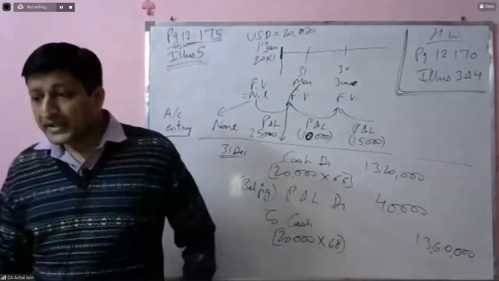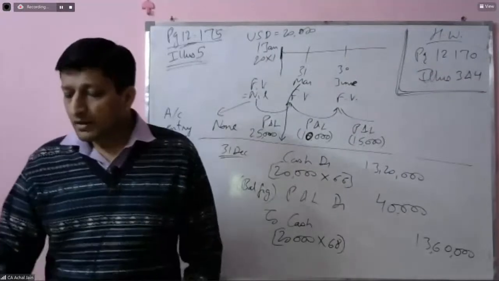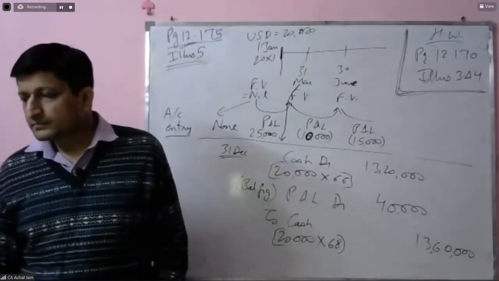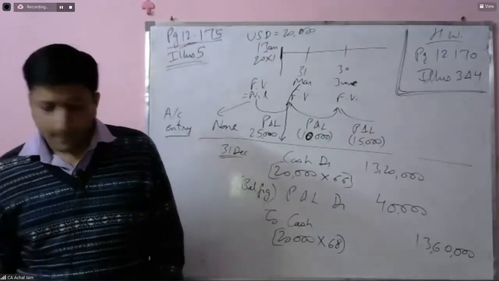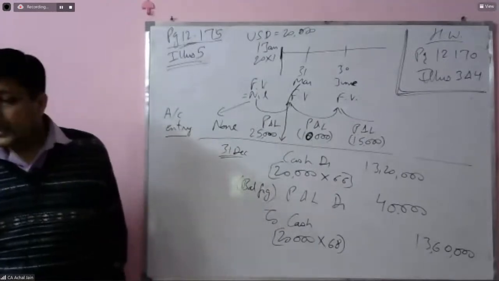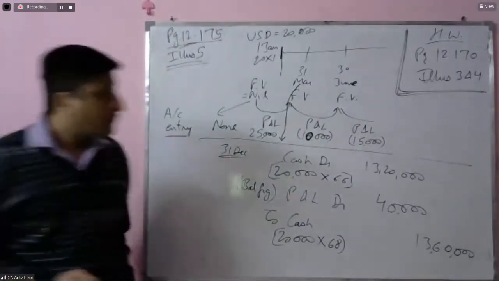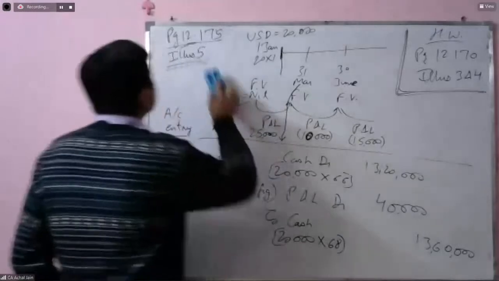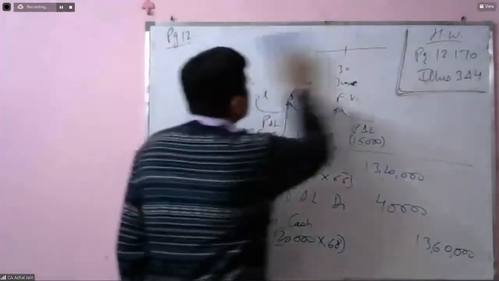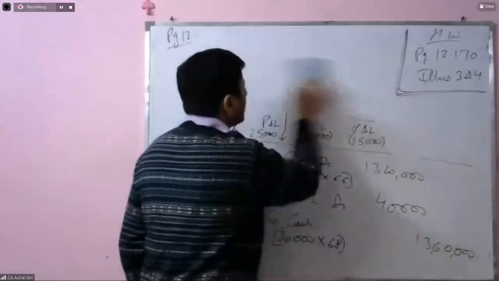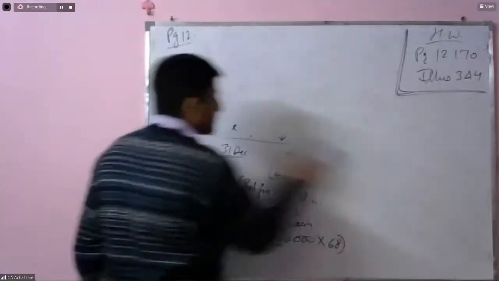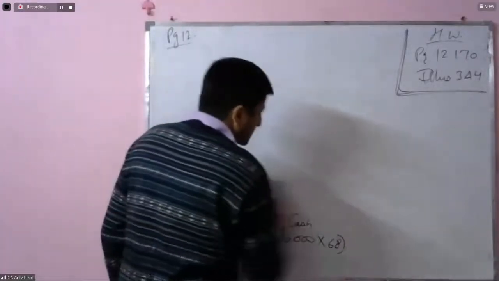So now I'm beginning with derecognition of financial assets. For this understanding, once again, we have a nice chart available in the study material, with the help of which this derecognition becomes very simple to understand.